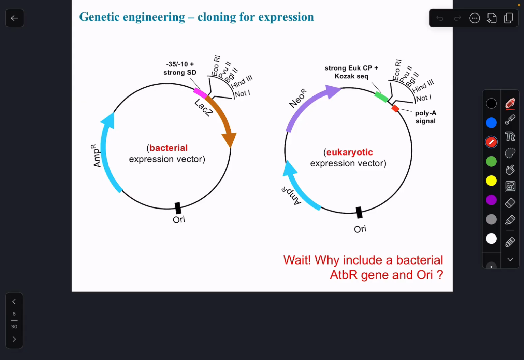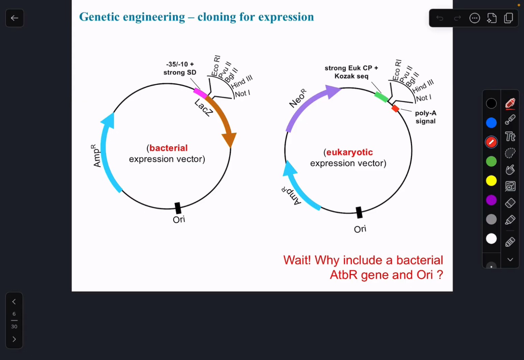So the reason why we keep this stuff that is useful in bacteria is because even though the final destination of these eukaryotic expression vectors is eukaryotic cells, we normally pass them through bacteria first. Because all of the early steps in cloning and making sure that your insert of interest made it in one piece and in the right orientation, and that you can make many copies of these plasmids so that you can later introduce it into eukaryotic cells, all of that is much easier done in bacteria.